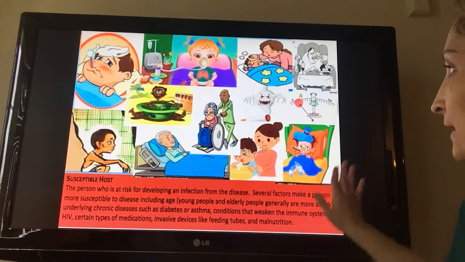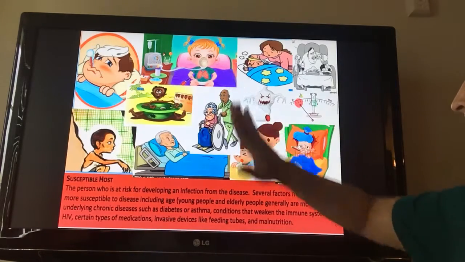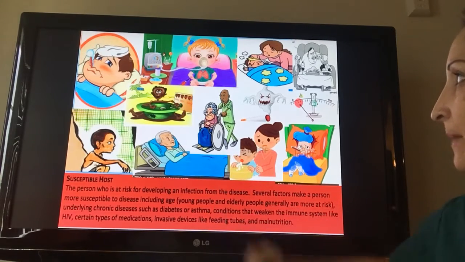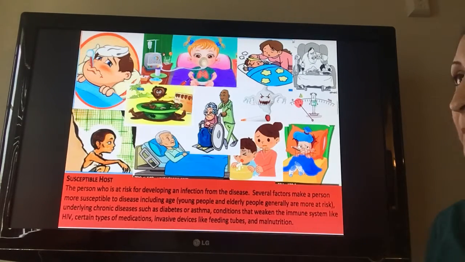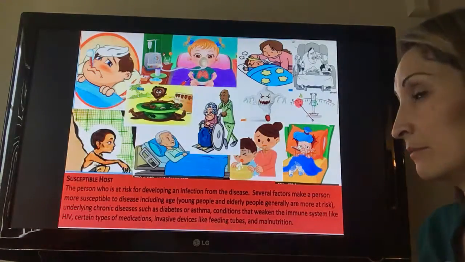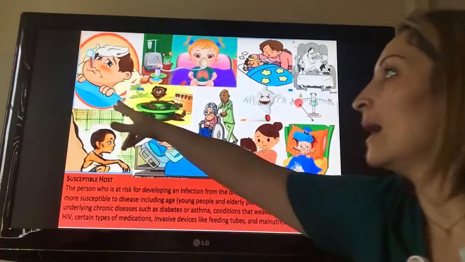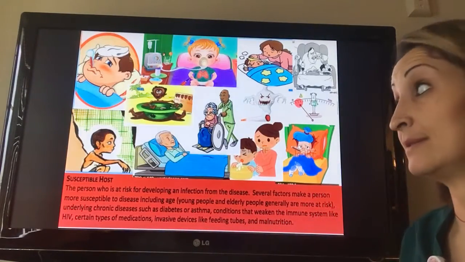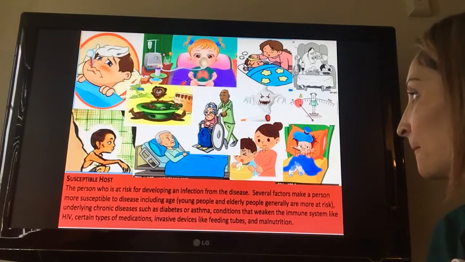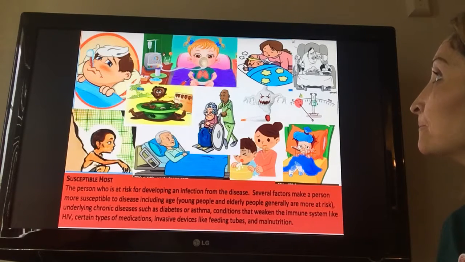And here we have some examples like malnutrition, elderly patients, somebody that smokes, or alcoholism, like we said before, a child that is sick, or an elderly person that is sick, like here.